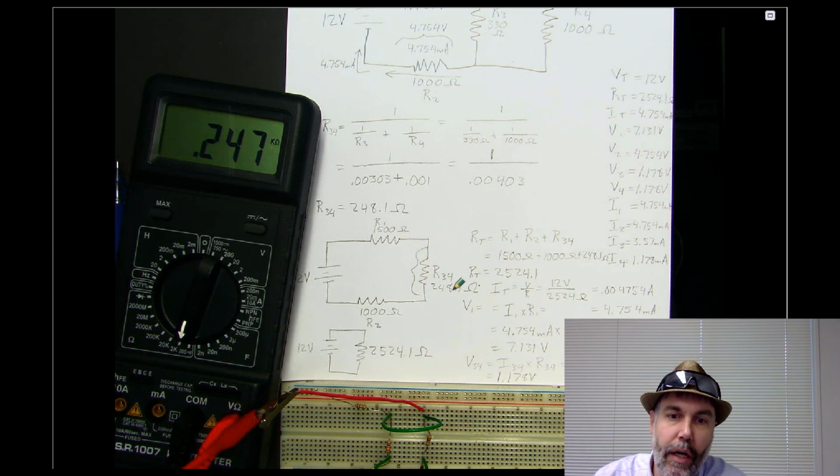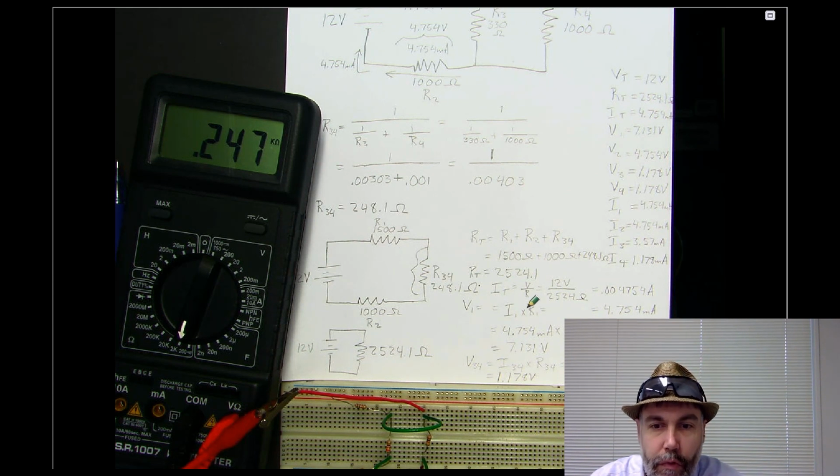So then this should be 1,500. So that should be 1,700, 2,700. Yeah.